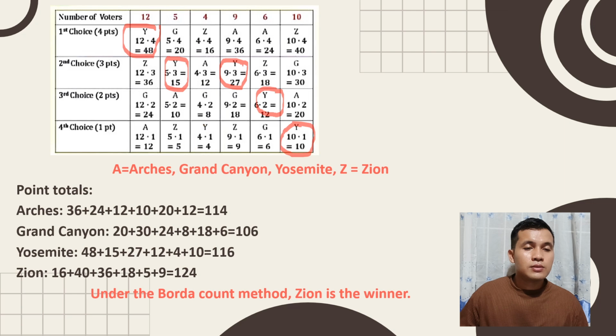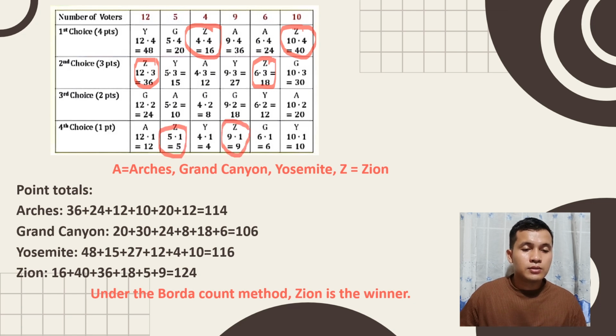And for the last one, we have the Zion. In the first row, we have 2 Zion, and in the second row, we also have 2, and for the third row, none, and for the last row, we have 2.